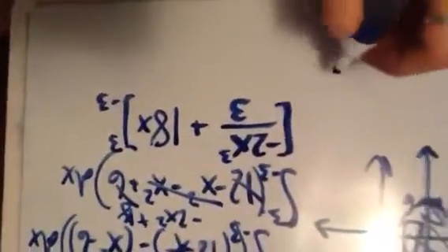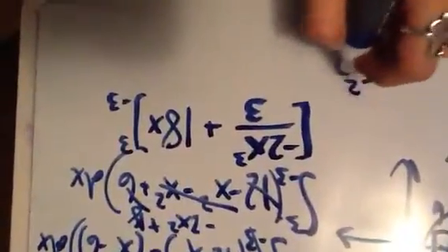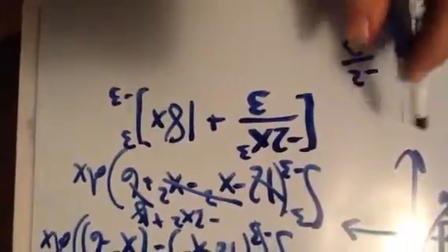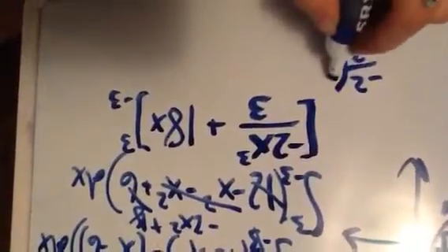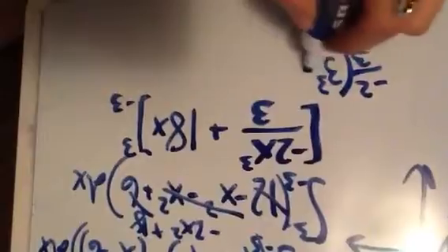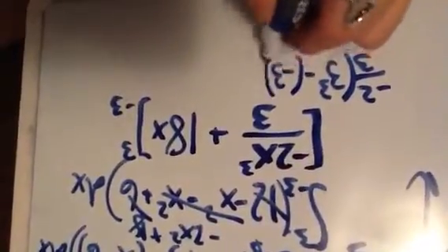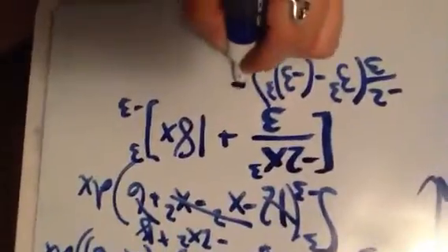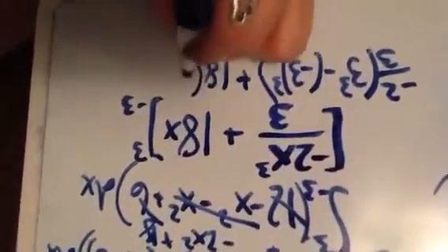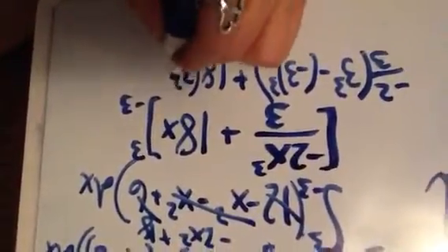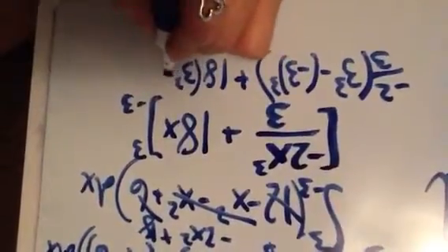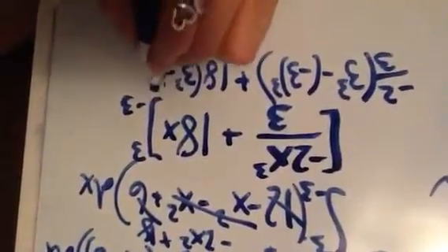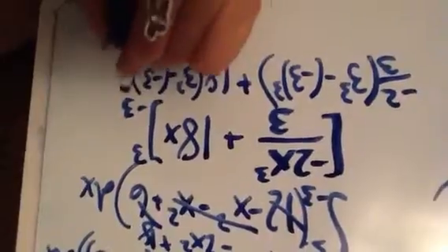Okay, so then we just plug in our numbers, and we have negative 2/3 times 3 cubed minus negative 3 cubed. It's really important to use your parentheses here so you don't get confused. And then plus 18 times 3 minus negative 3.